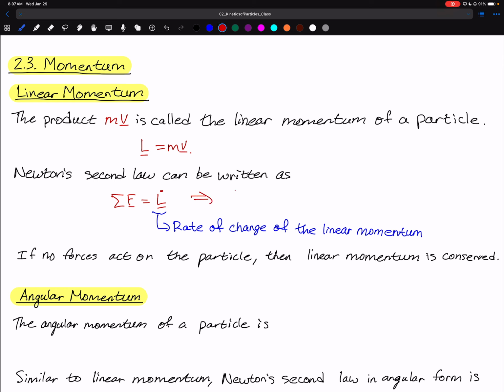Or we can say the sum of the forces is equal to the mass times the time derivative of the velocity, which is the acceleration of the particle.